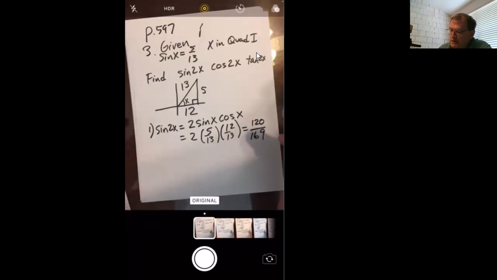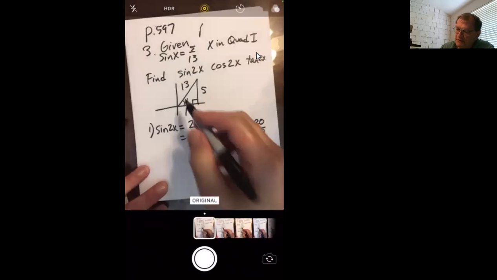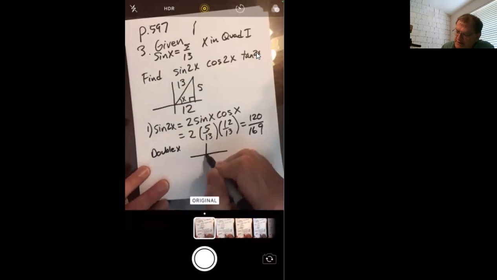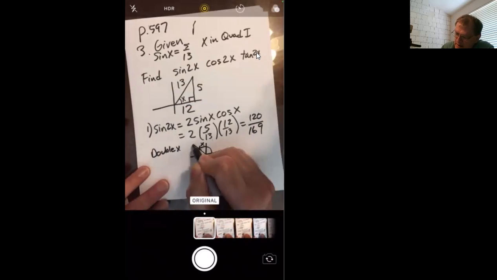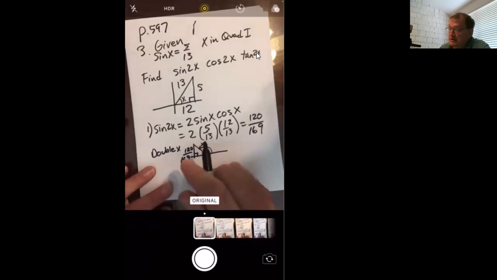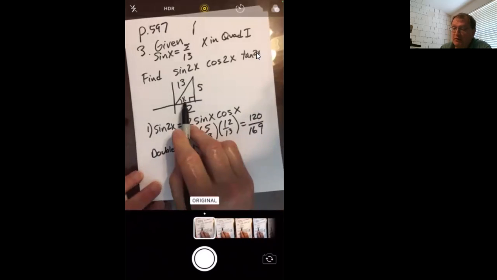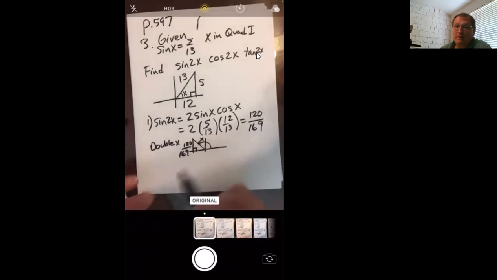And all it really means is that if you double x, you're going to wind up in the second quadrant. Your sine, your y leg there, will be 120 over 169. You could get the decimal for it. But that's the length of the y coordinate when you doubled the x. That's all it means.